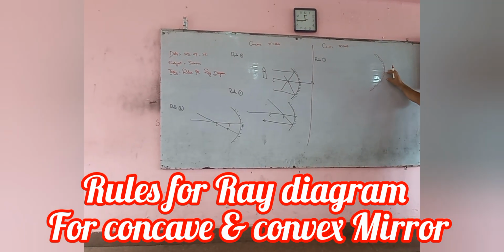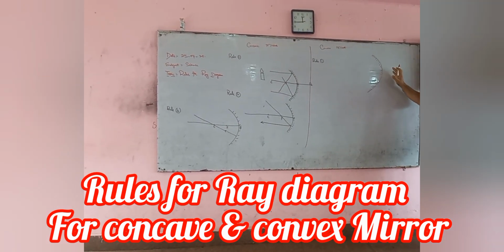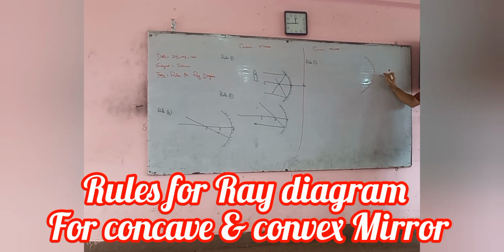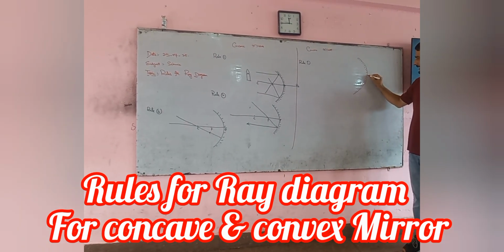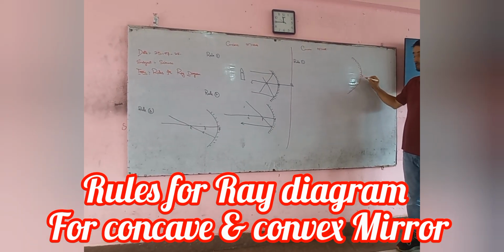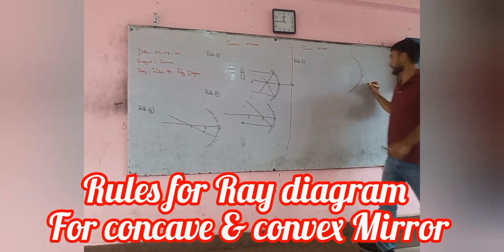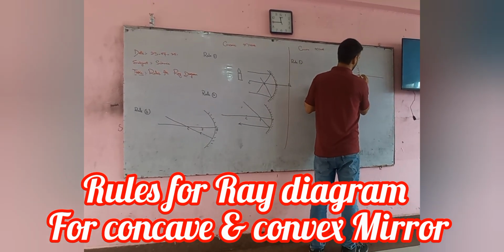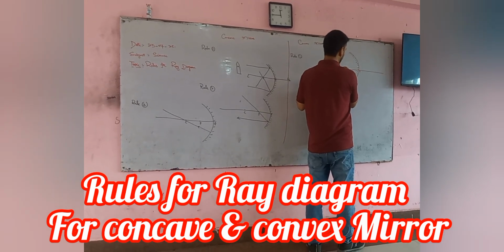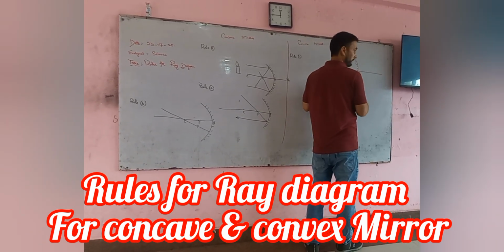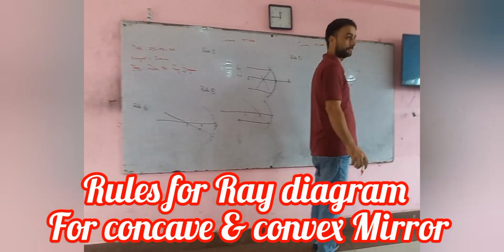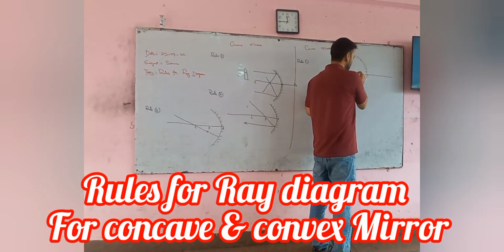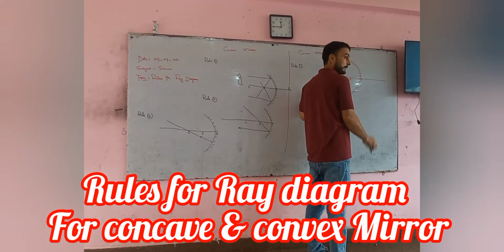Reflection occurs on the outward surface, on this surface. Suppose this is the pole of the mirror. This is the principal axis. This is the center of curvature. There is the principal focus.